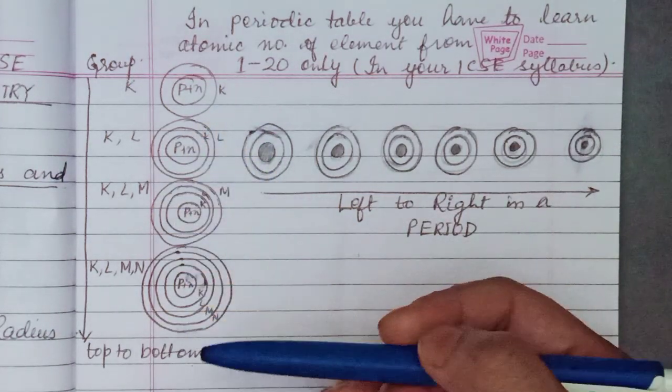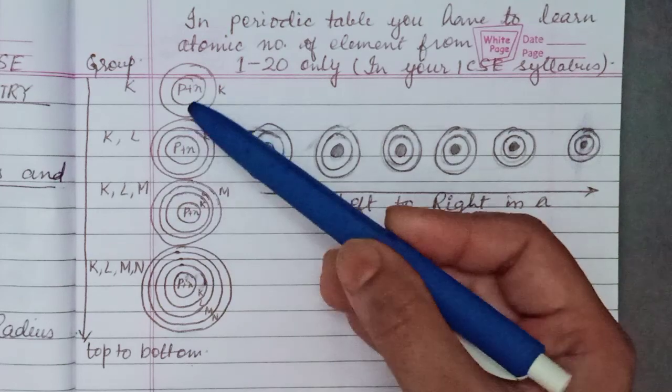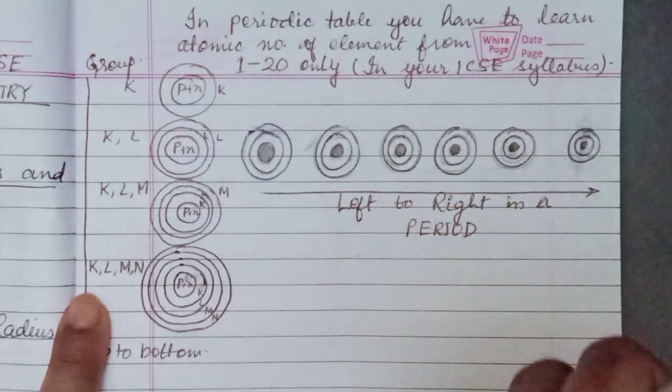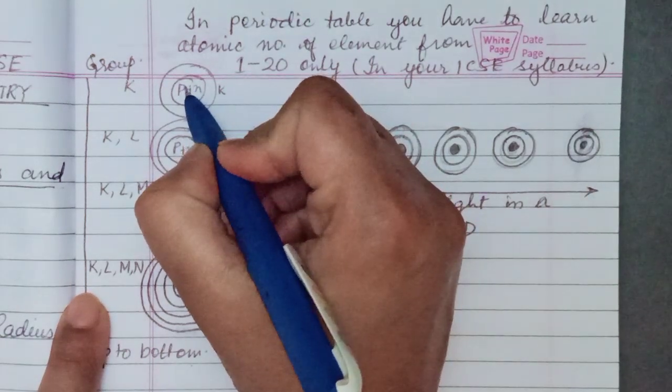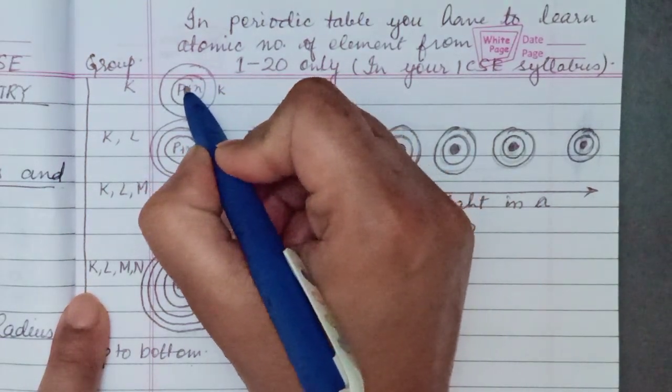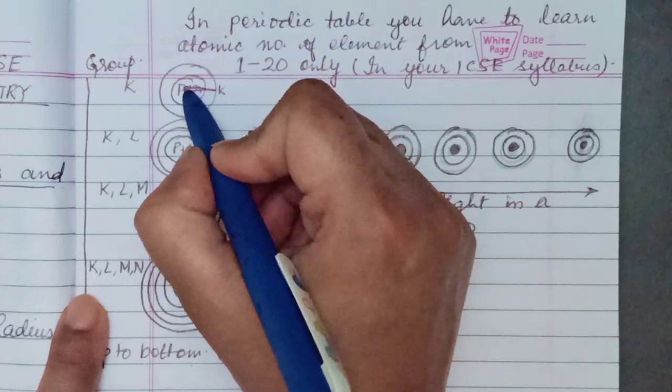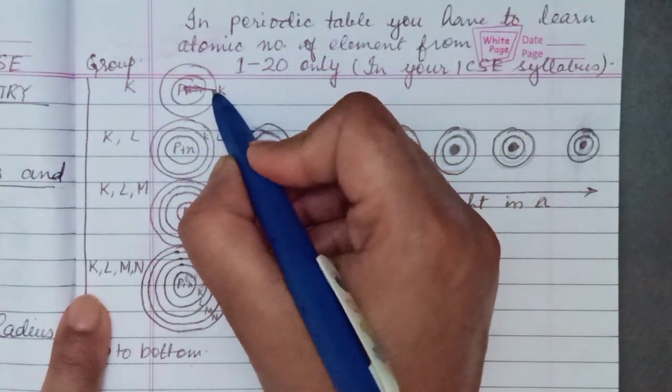First of all, you know what is atomic size? The atomic size is the distance between the nucleus and the outermost shell, this is called atomic radius.